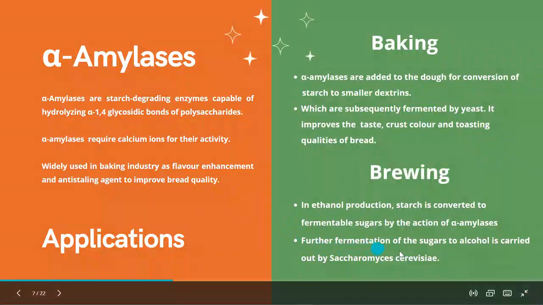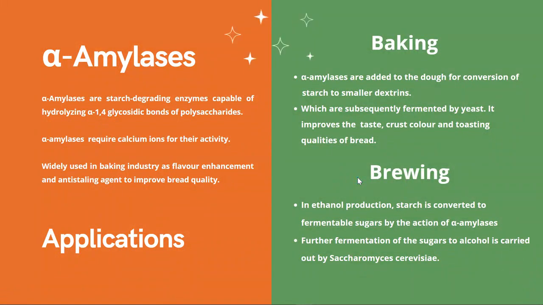Further fermentation of the sugar to alcohol is carried out by Saccharomyces cerevisiae. So again here, alpha amylases are helping the yeast reach the end product. Right? I hope it's clear.